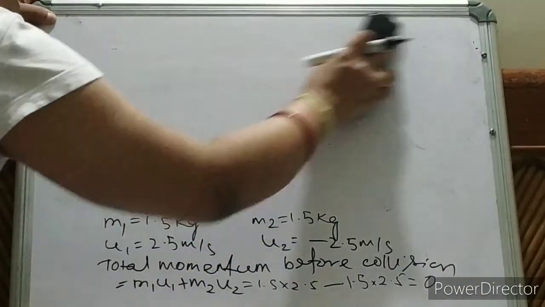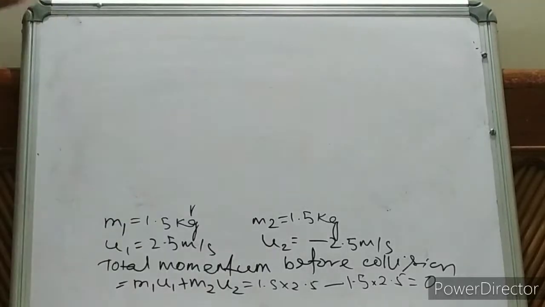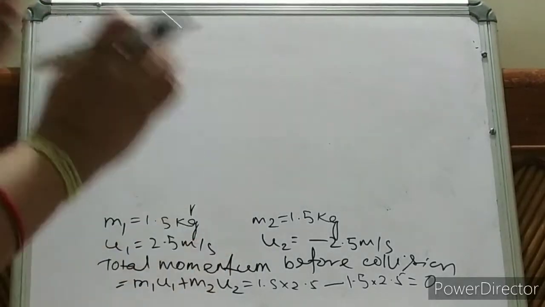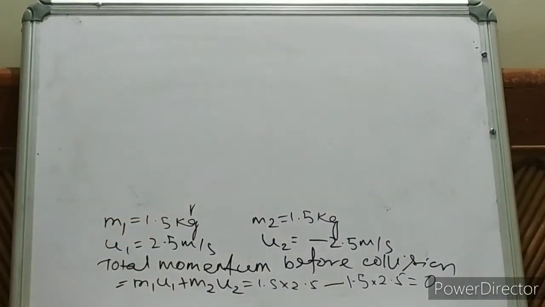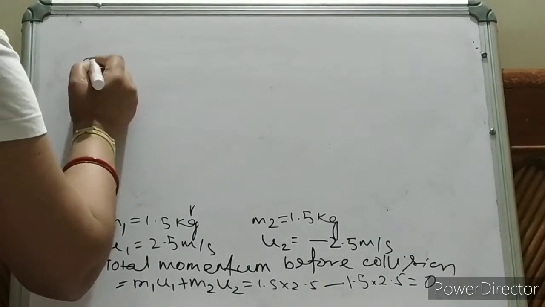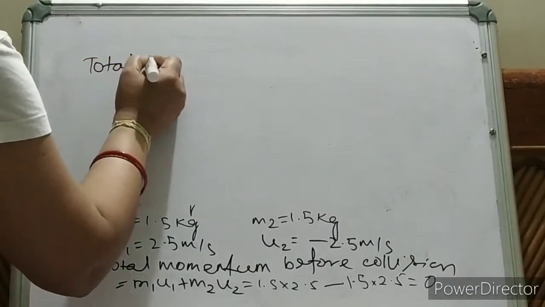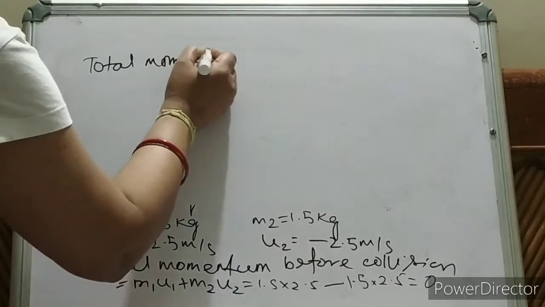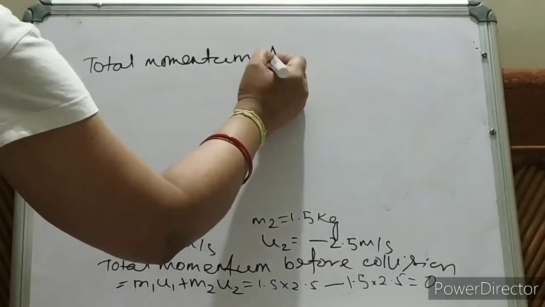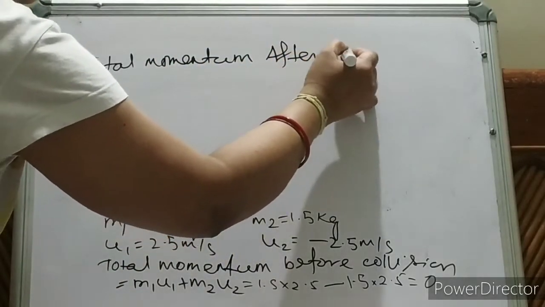So what is the formula for total momentum after collision? See, in the question they have given that they will stick together. So total momentum after collision will be how much?